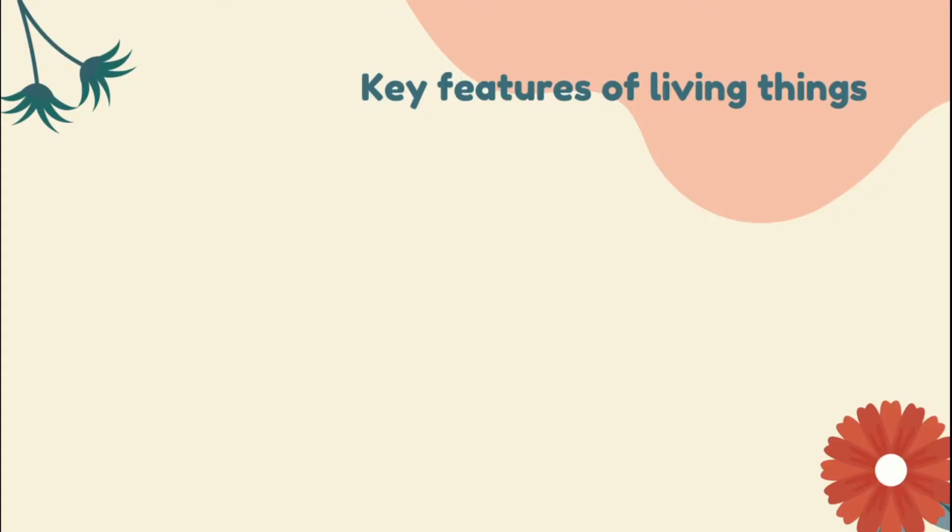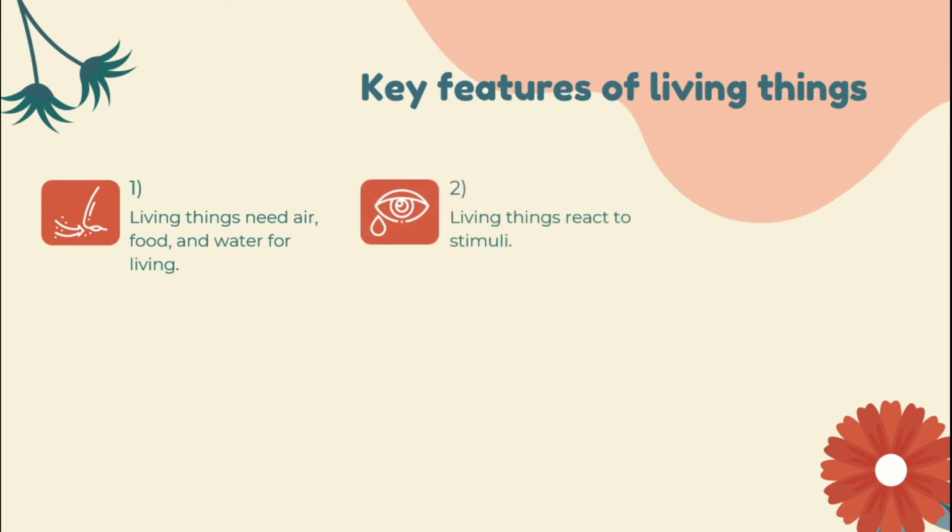First, we will learn about key features of living things. The first key feature of living things is living things need air, food, and water for living. Second, living things react to stimuli.